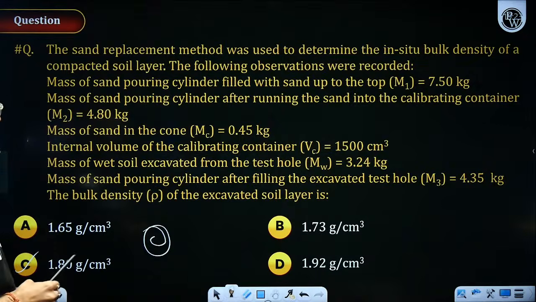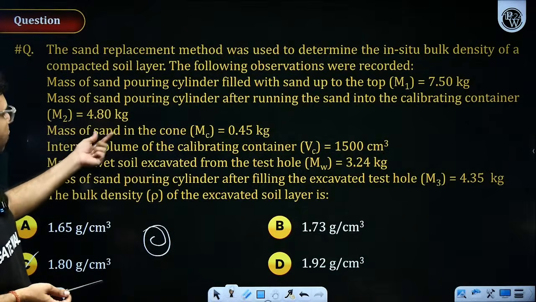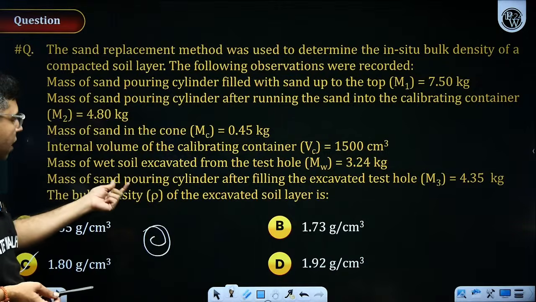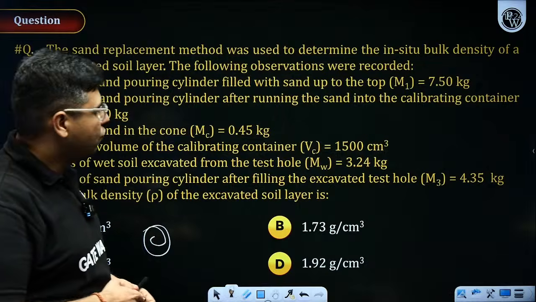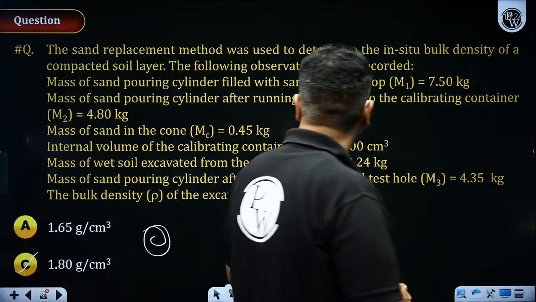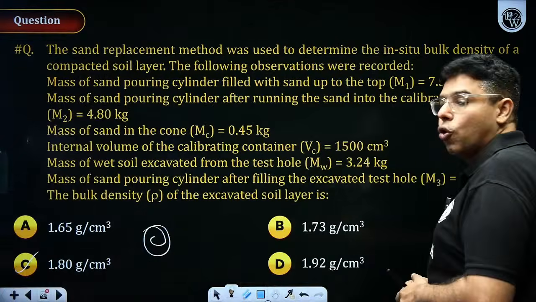Mass of wet soil excavated from the test hole is 3.24. Mass of sand cylinder after filling the excavated test hole is 4.35 kg. Now we have to just find out the density of excavated soil.